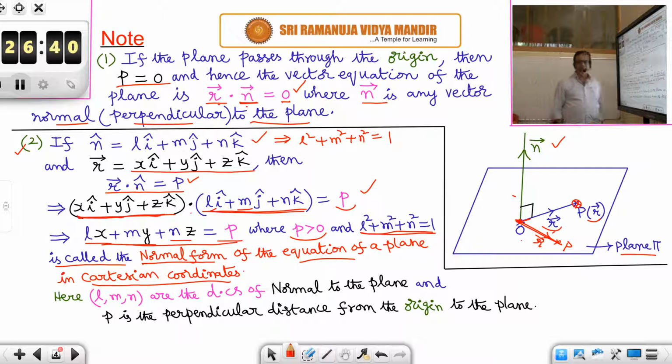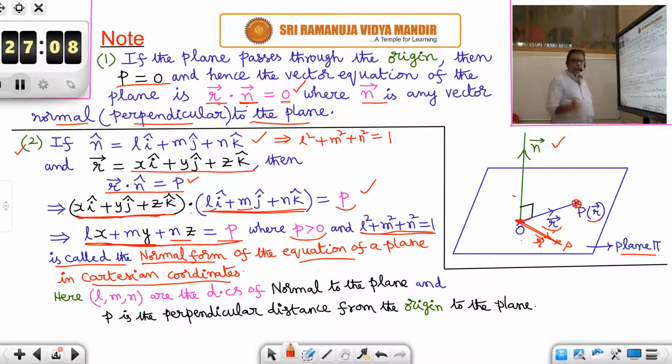r bar dot n cap is equal to p, that is the normal form in the vector terminology. Whereas in Cartesian coordinates, the same equation can be written as lx plus my plus nz is equal to p. What are l, m, n here? They are the components of l i plus m j plus n k.